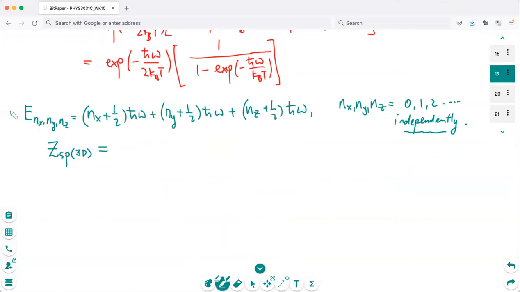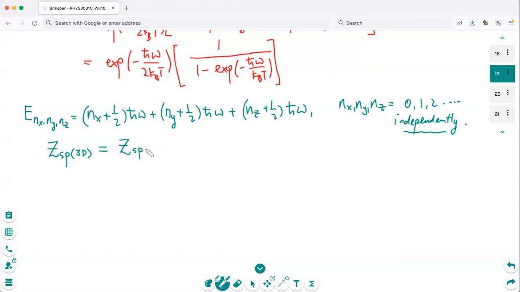You see, when you write the partition function, you write e to the minus beta times energy, right? So that is to say, if you put in this form of energy, you can see there are three terms that are summed together. That is to say, you can independently evaluate the partition function for the x direction, right? So that gives you the first partition function, ESP1D. And then you have the one for the y, but because of this sum, and the whole thing enters an exponential function, this becomes a product.